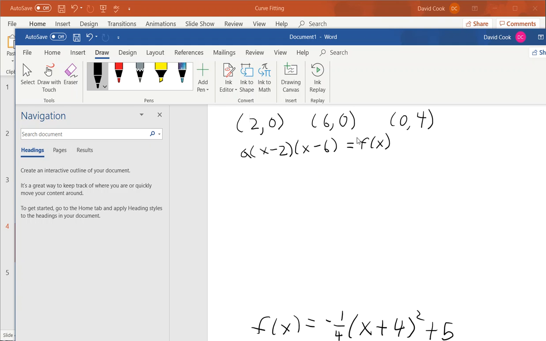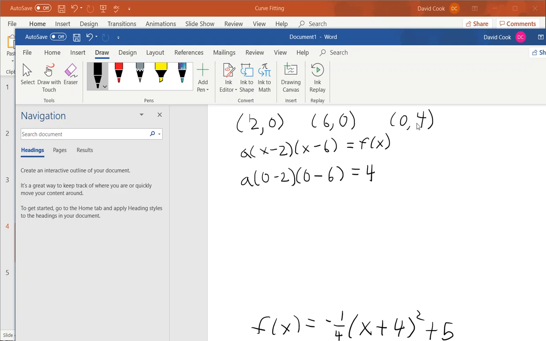And now I can use this point right here to find out what a is. So let's do that. a times (0 minus 2) times (0 minus 6) is going to equal 4. When x is 0, f of x is 4.